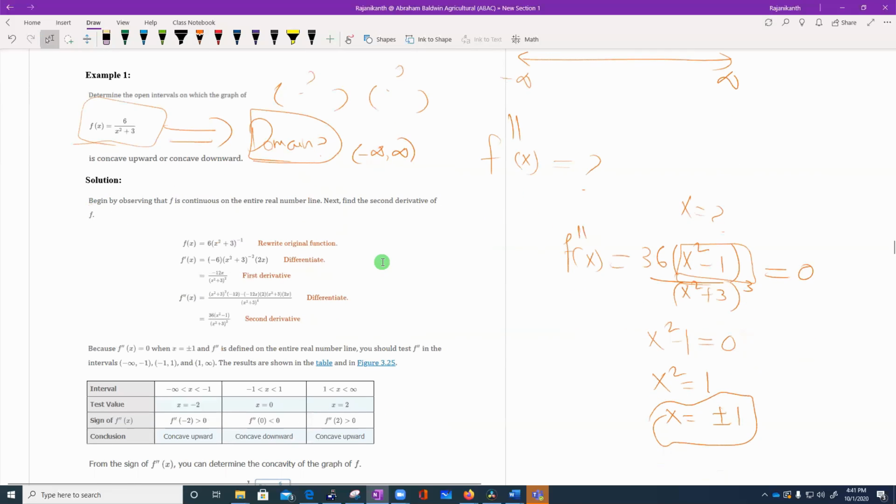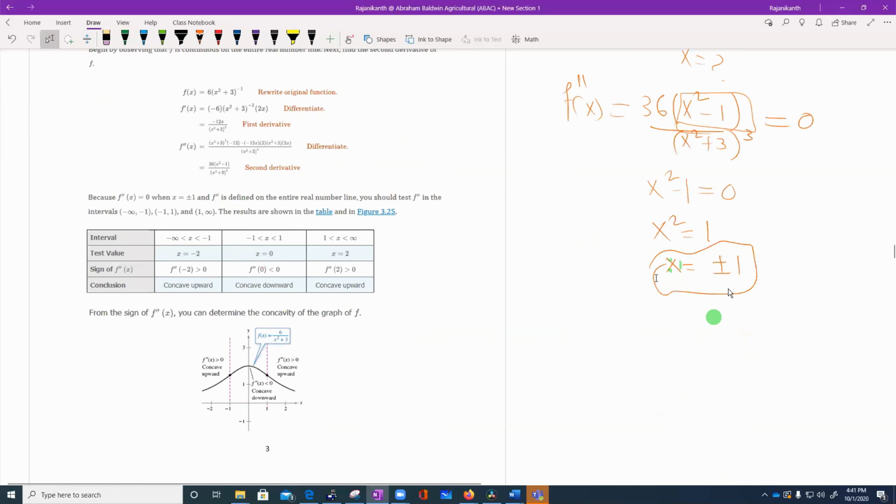Okay, good. So now, remember, we had two points where the second derivative is 0. Now take your entire domain for the problem, negative infinity to positive infinity. 0 will be somewhere here, positive 1 is here, negative 1 is here, right? So the two points are negative 1 and positive 1.